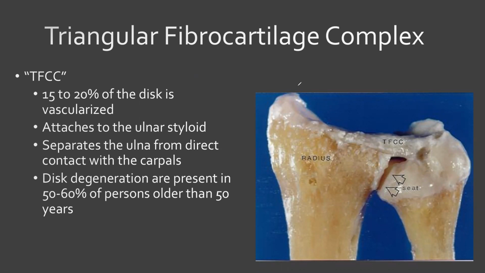It's really the thickest cartilage you have in the upper extremity. And it's really the biggest one you have as well. What this does here is this really protects your radius and ulna from everything else.